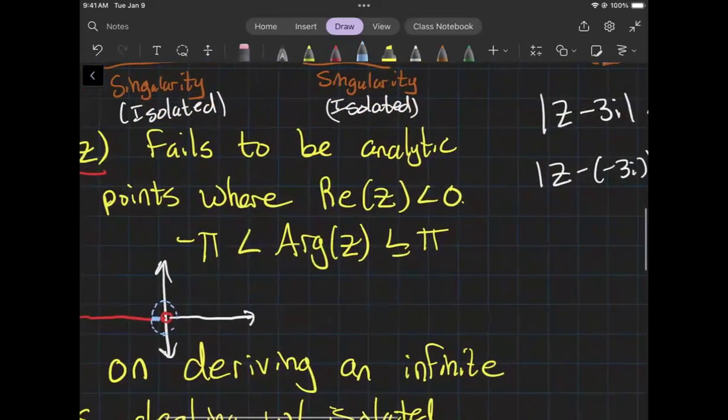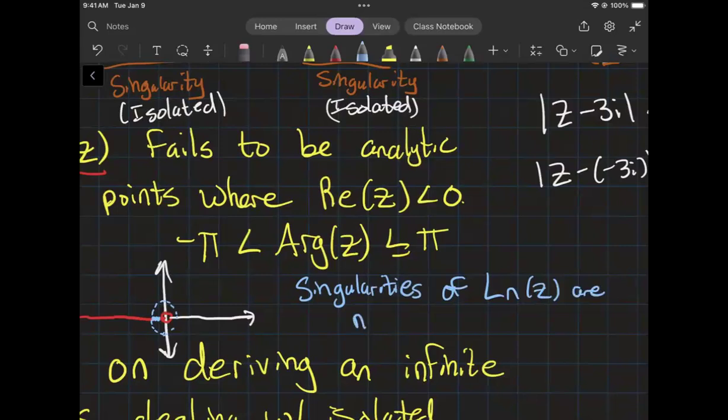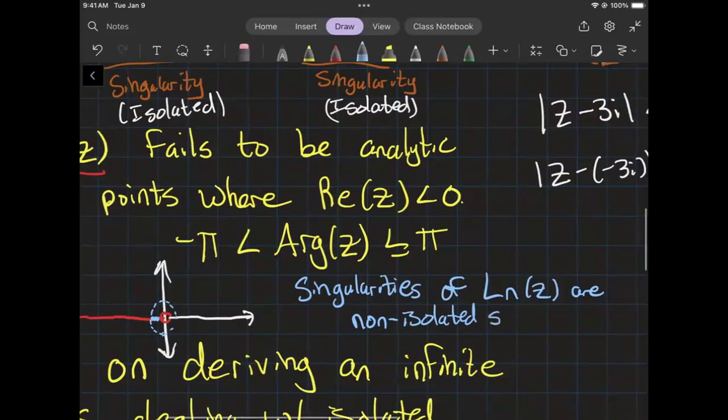So the singularities of the principal logarithm are what are called non-isolated singularities. Isolated means single, you're the only one there, right? It's not isolated: there is at least one point on the negative real axis that is a singularity, that fails to be analytic, right? So these are non-isolated singularities.